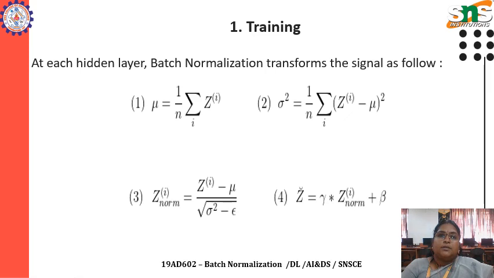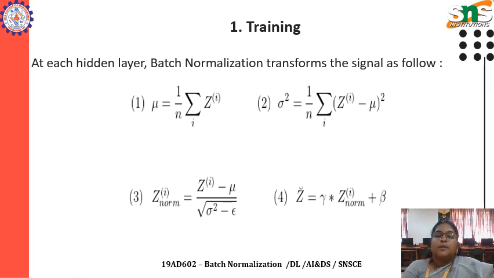We are going to apply this normalization to the hidden layer in order to normalize the output. The meaning of normalization is that we have to improve the performance of the network. These are some of the variables that we are going to use in the hidden layer to normalize the output, which means to improve the performance, or we can say to improve the accuracy of the network.